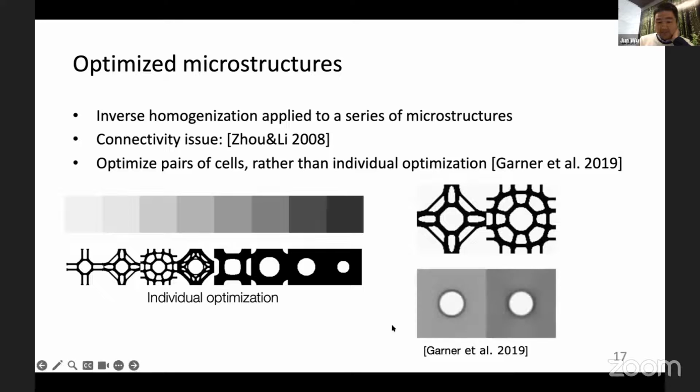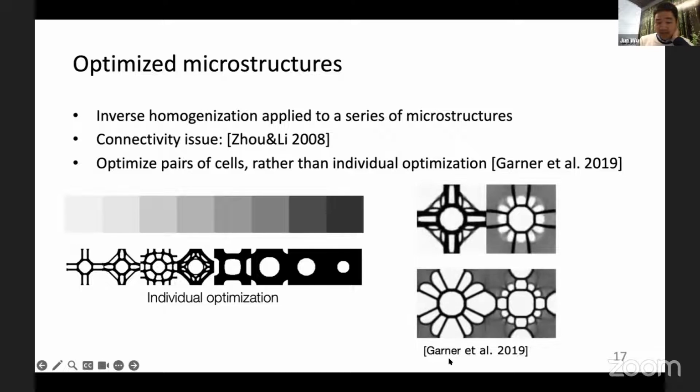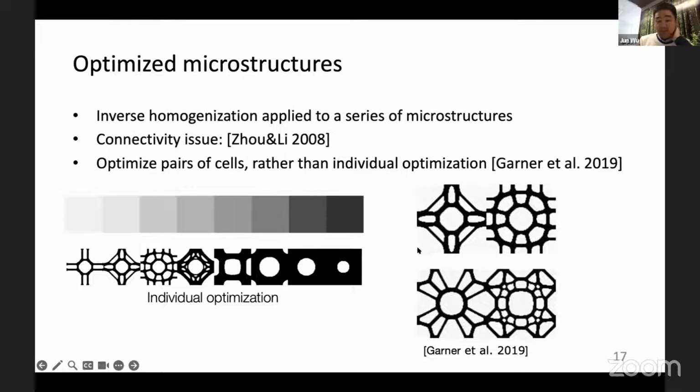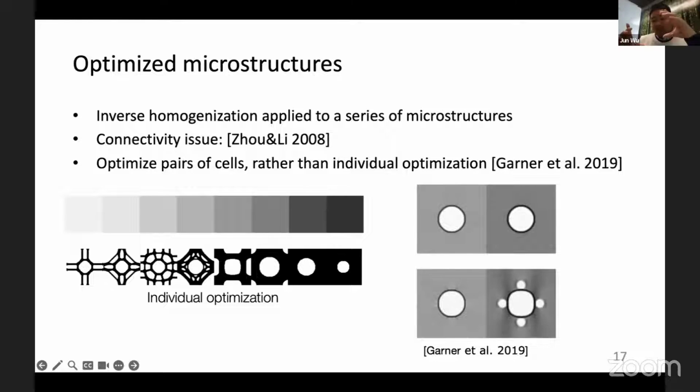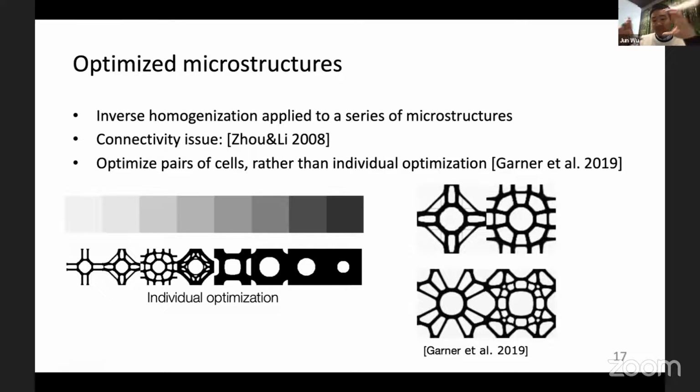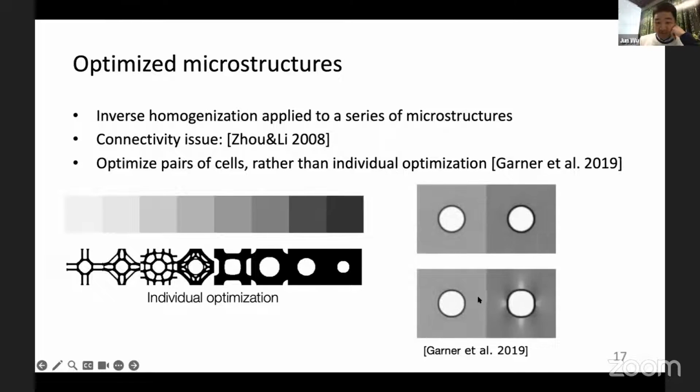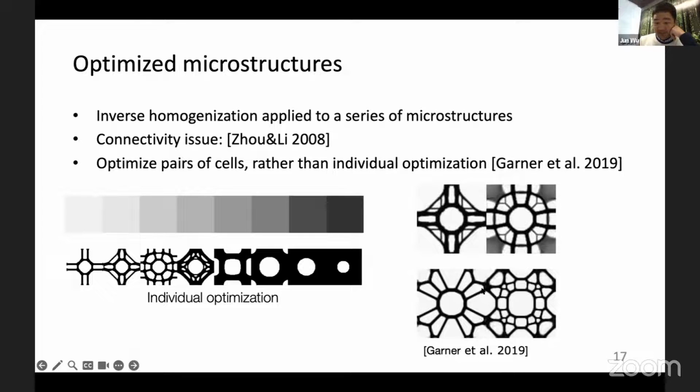In a work published by Gardner in 2019, we proposed to optimize multiple unit cells together, optimizing the extended boundary instead of the small domain of each unit cell. With this, it encourages the connection between the unit cells.